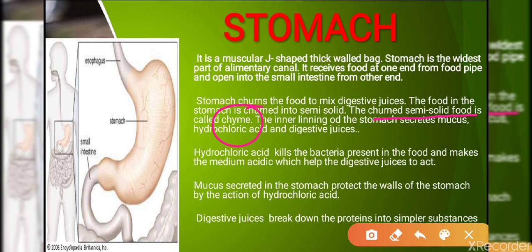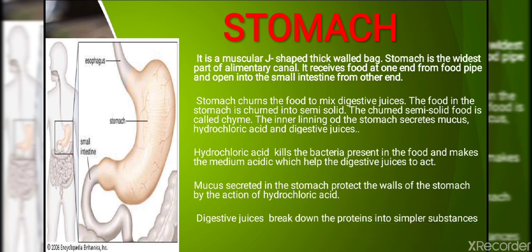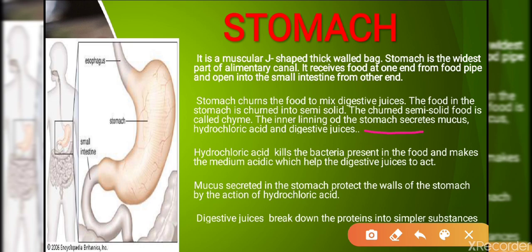So, from where do these digestive juices come? Students, the inner wall of the stomach secretes mucus, hydrochloric acid, and digestive juices. Let us discuss their functions.